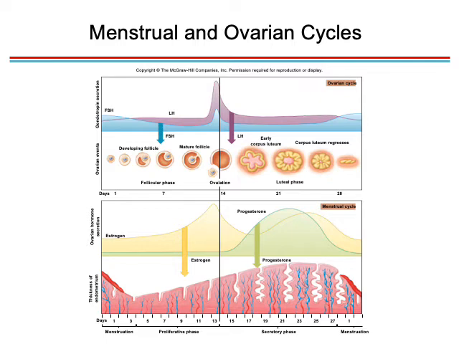At day 14, thanks to estrogen production, there is a surge in the amount of LH and FSH being produced. It is this surge of LH and FSH that causes ovulation.